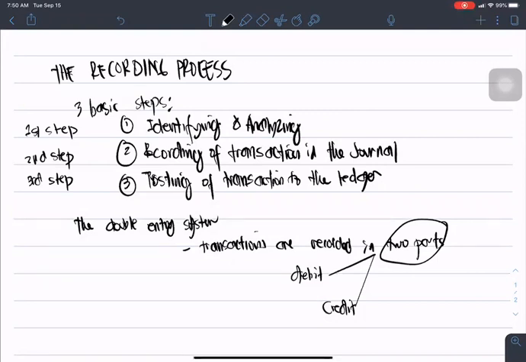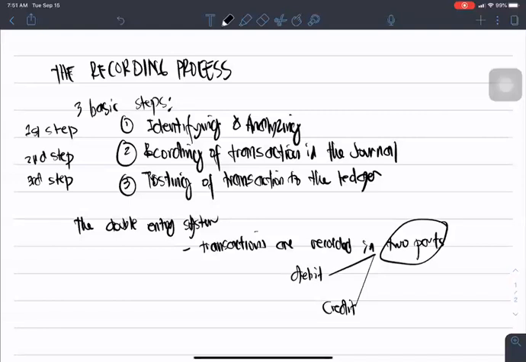So whatever is the normal balance, that is the increase. Whatever is the other side of the normal balance, it is the decrease. But debit and credit will still remain as left side and right side. The increase or decrease is only dependent as to the element of the financial statement.